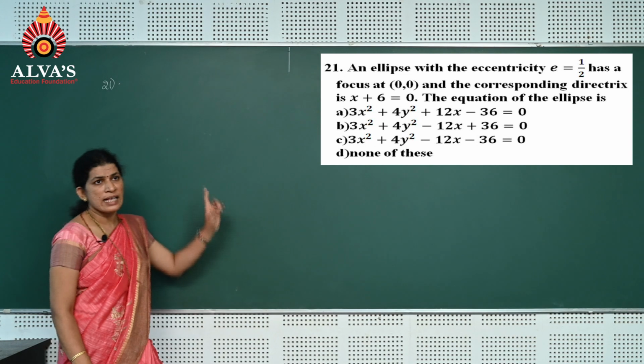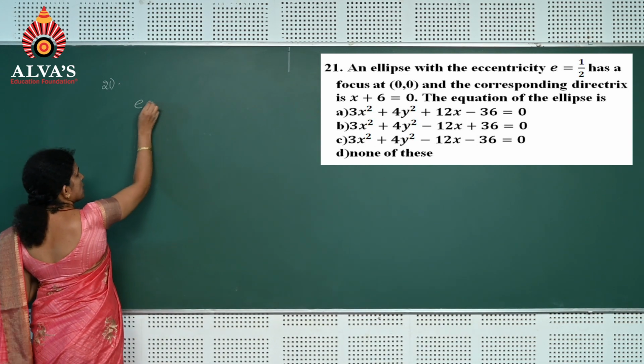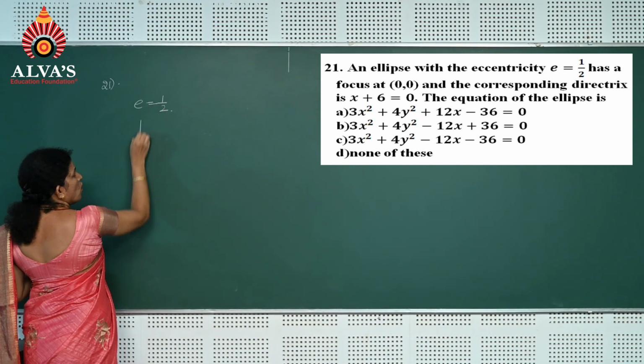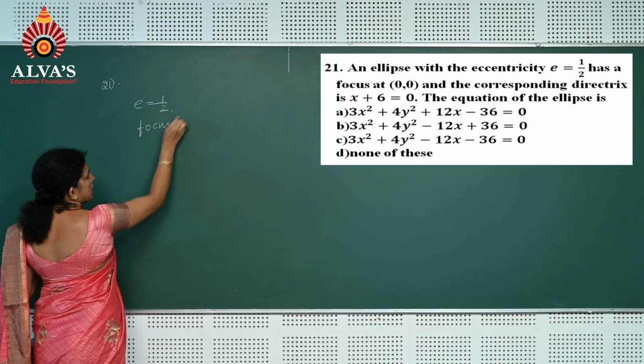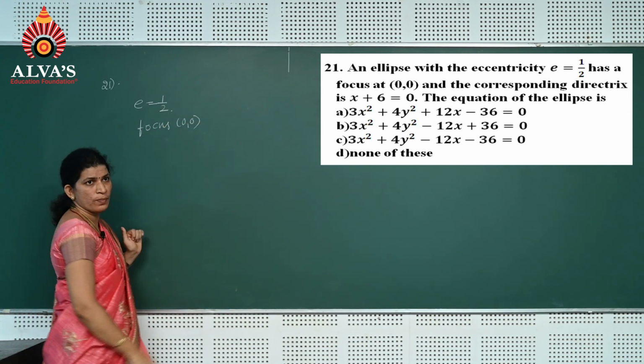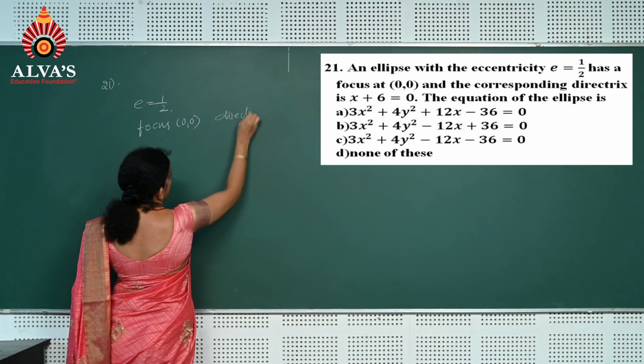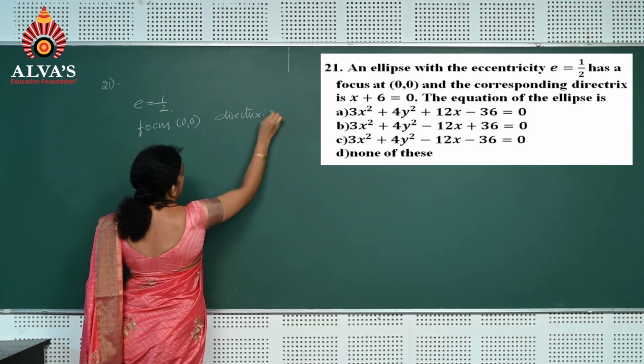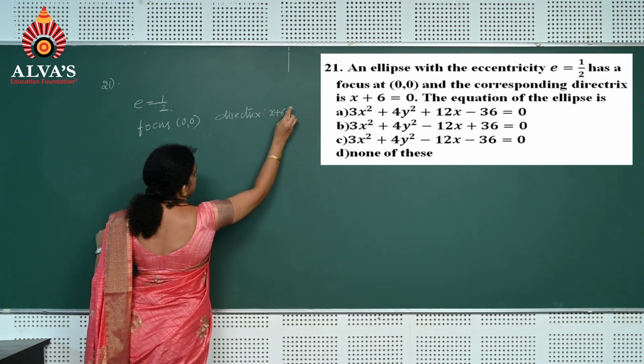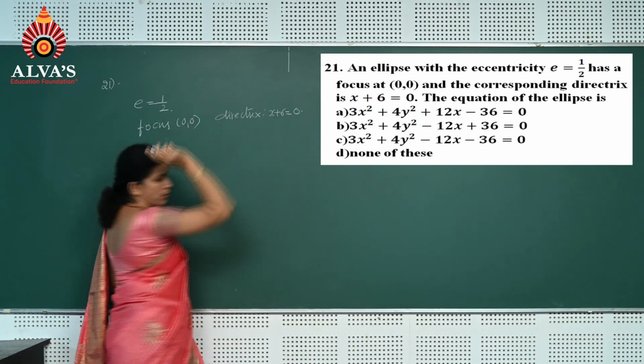See, the eccentricity of the ellipse is given, that is 1 by 2. Focus is given, that is (0, 0), and the equation of the directrix is given, that is x plus 6 equal to 0.